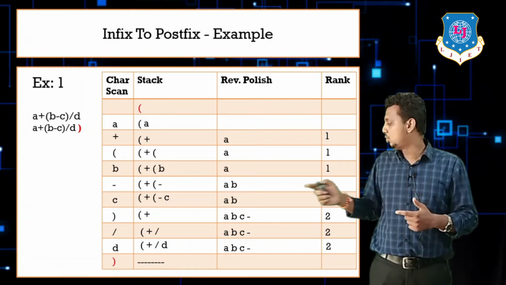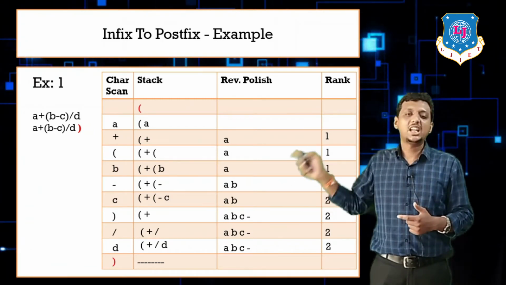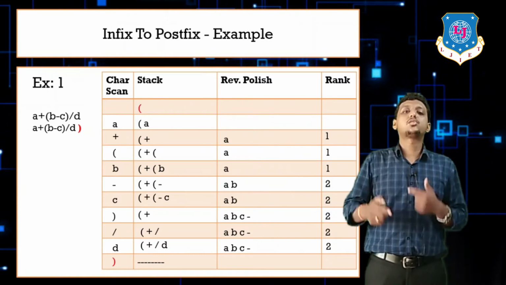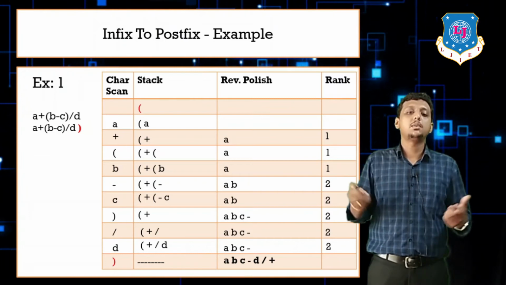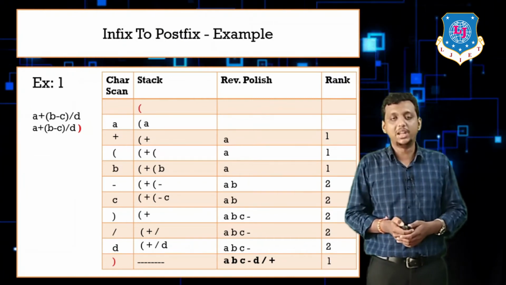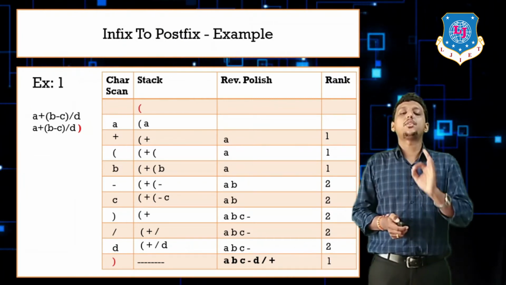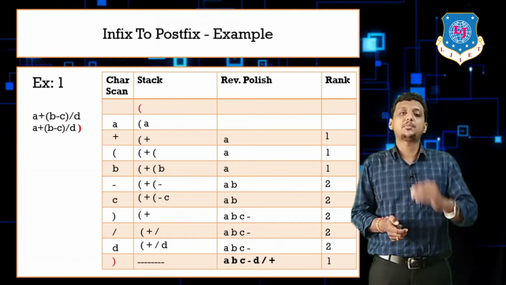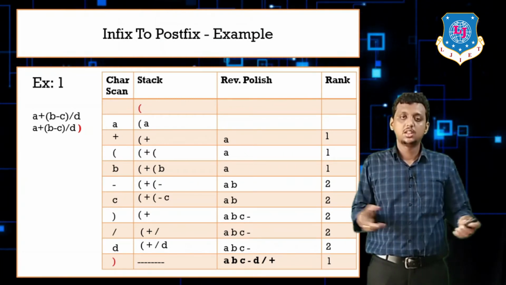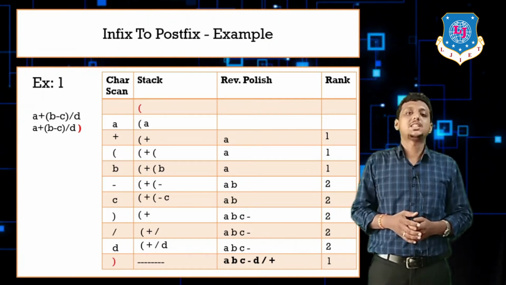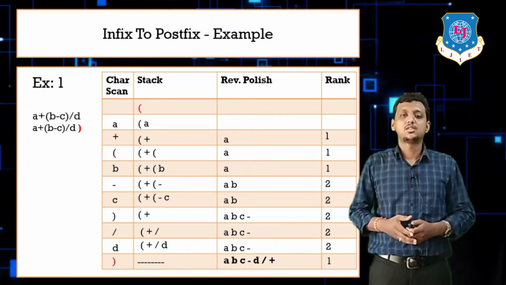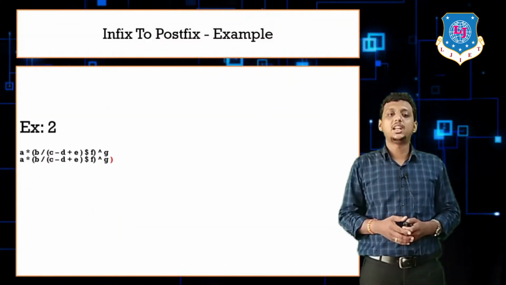You have D, then division, then plus. So the whole string becomes A, B, C minus, then D, division, plus, and the rank becomes 1. Do not forget to calculate the rank at every step of the expression evaluation. Now, this is your final answer. It's in postfix expression.